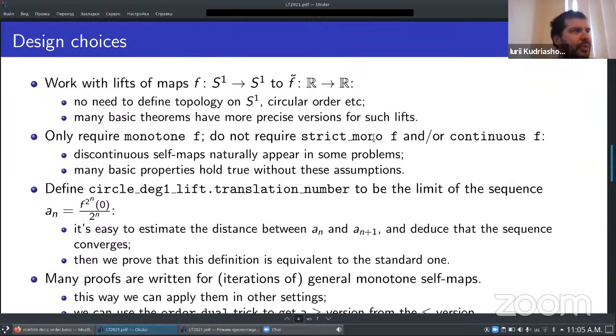Maybe it was something like circular partial order, not linear order, so it was about something more general than just a circle. Anyway, you can somehow define the rotation number, but okay, I only talk about lifts to the real line, and I define the usual translation number.